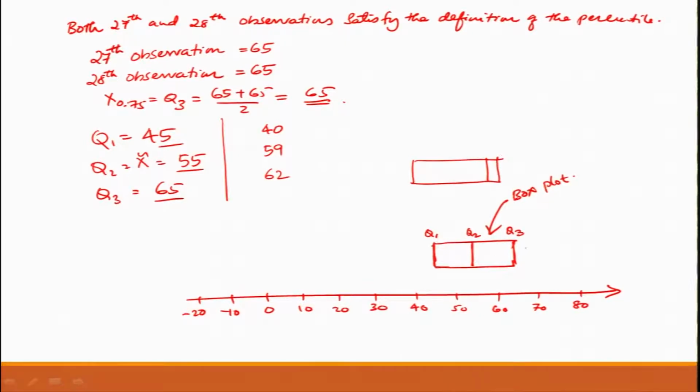Here you can see that it is a symmetric box plot, because it is symmetric about the median. This is equidistant, equal. Here this is not symmetric, it is asymmetric. So, this is an asymmetric box.